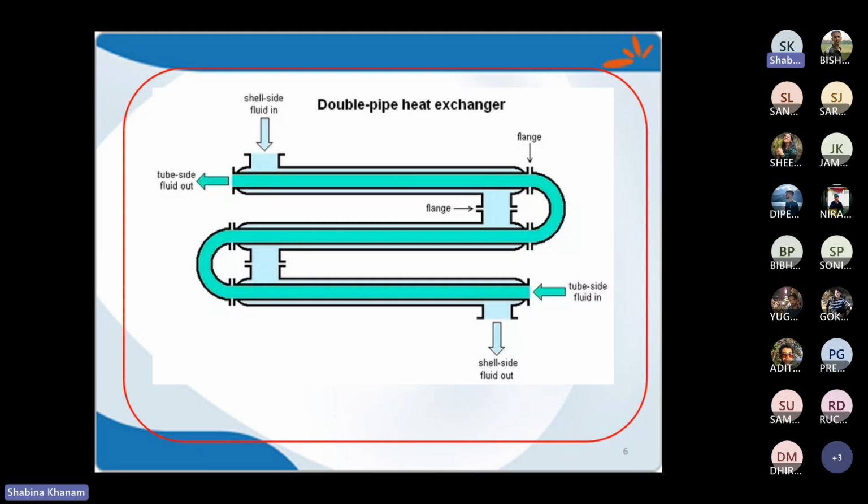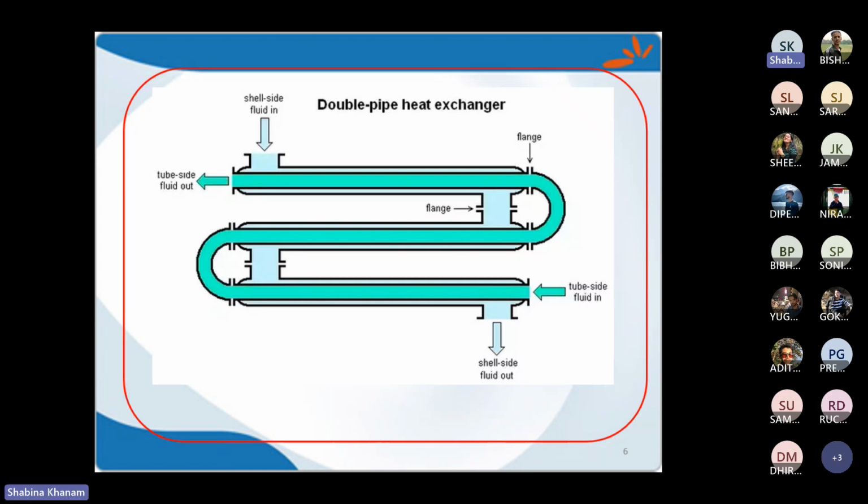If you visualize the double pipe, it is usually a straight pipe, as you can see over here. Wherever there is a possibility to exchange heat, like here, here, here, everywhere the tube or the pipe is straight. So heat transfer occurs in a straight pipe in the double pipe assembly.